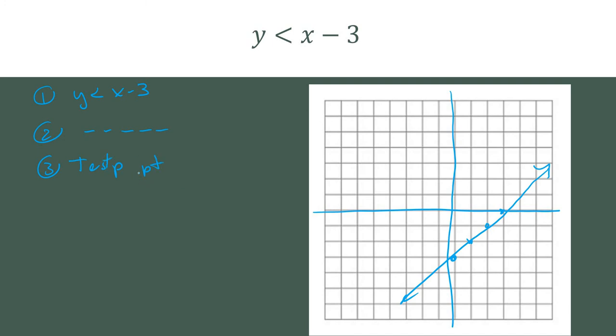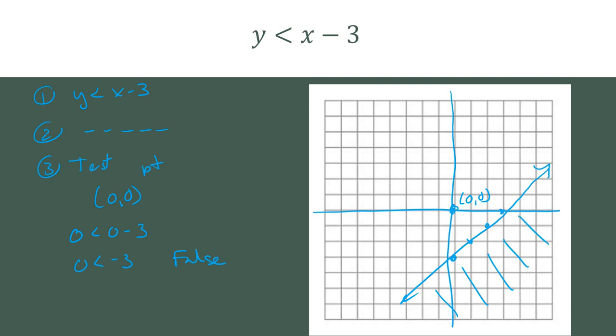Again, I'm going to pick 0, 0 because it's nice and easy to work with. So if I plug in 0, 0, I get 0 is less than 0 minus 3. 0 is less than -3. This is false. 0 is not less than -3. So that is not a solution, so I have to shade the other side.